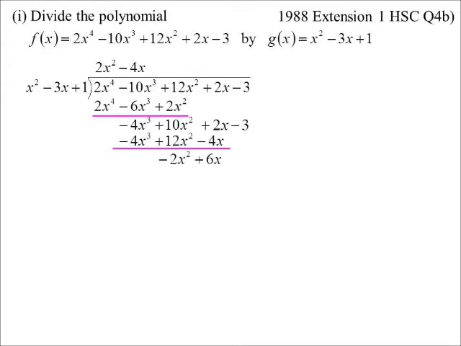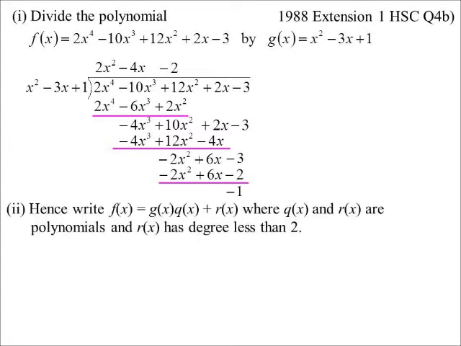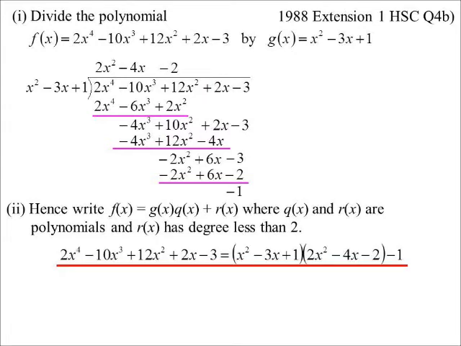I can keep going. Minus 2. I'm left with negative 1. That's where I'll stop on this one. So hence go and write it that way. g(x), just to confuse everyone, because we always say a(x), but they thought, no, we'll make it g(x). So there we go. We can write it as divisor times quotient plus the remainder.